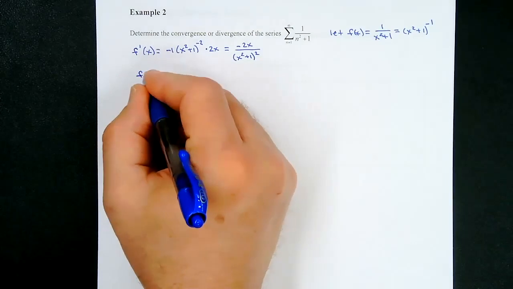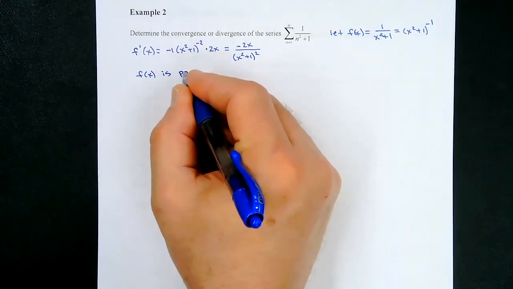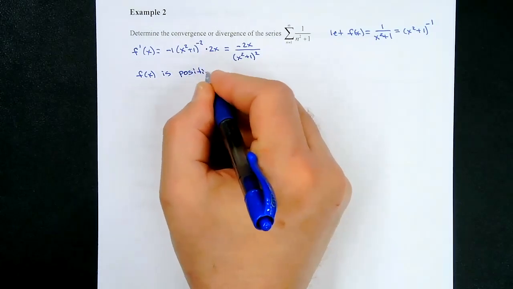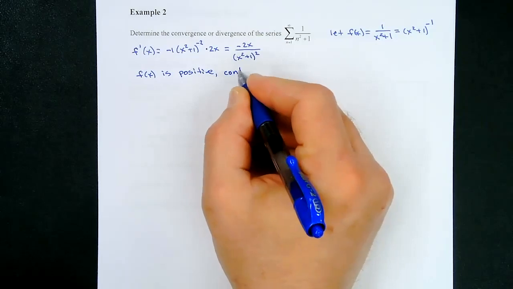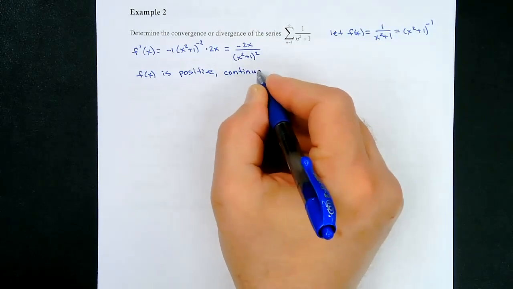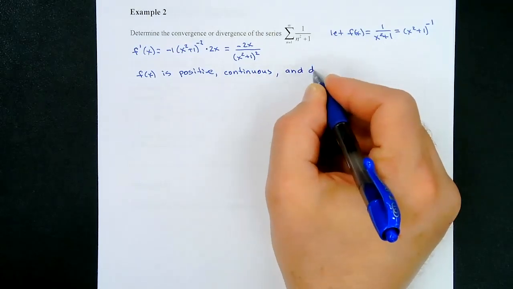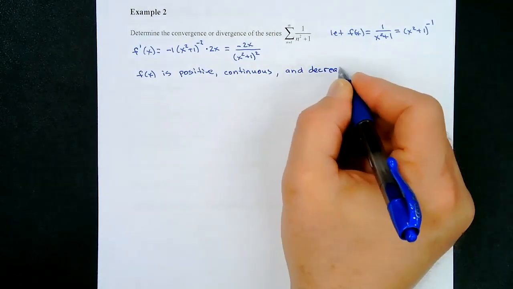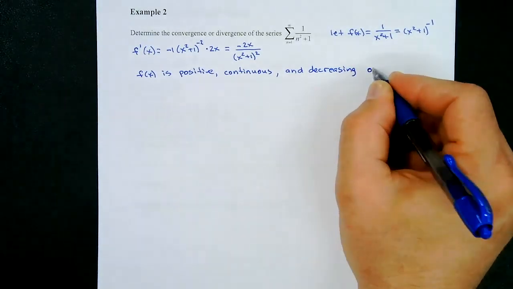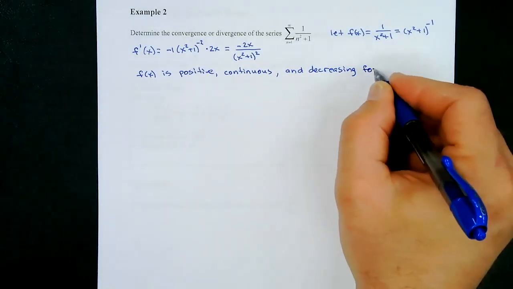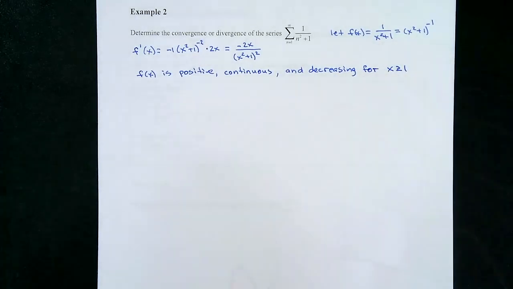So we can say f of x is positive, it's continuous, and decreasing, let's say for x greater than or equal to 1.